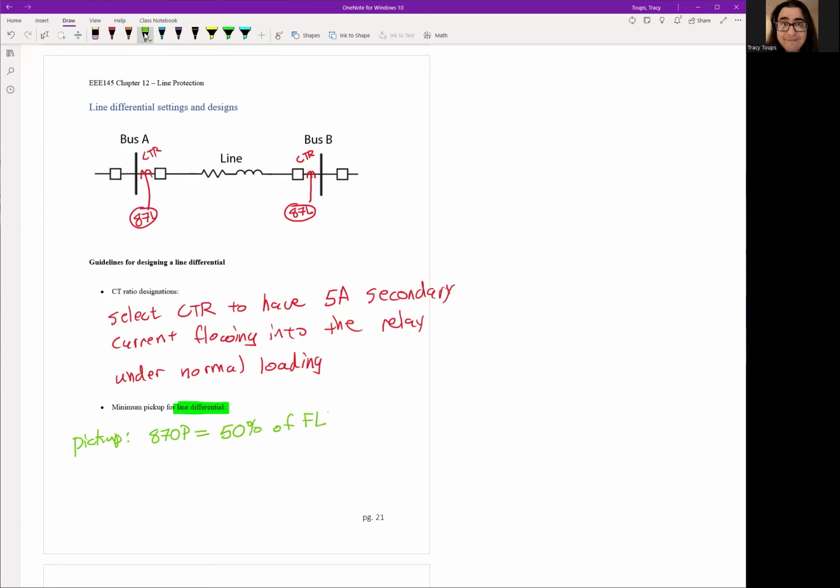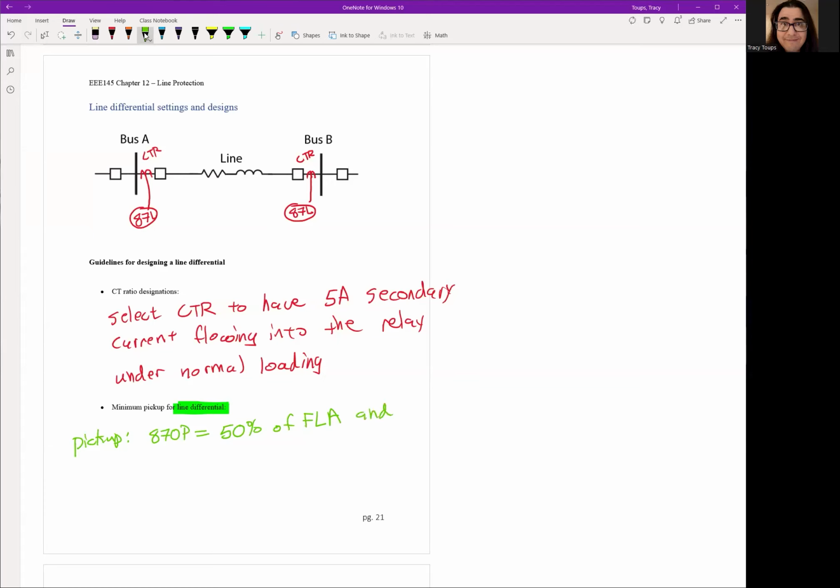Now, this is not a typo. I know we used 150% for overcurrent pickup for the longest time, but this is not overcurrent. This is line differential, so a totally different type of relay operating on totally different protection principles. So our rule of thumb is take half of the full load amps. That's going to be your pickup.